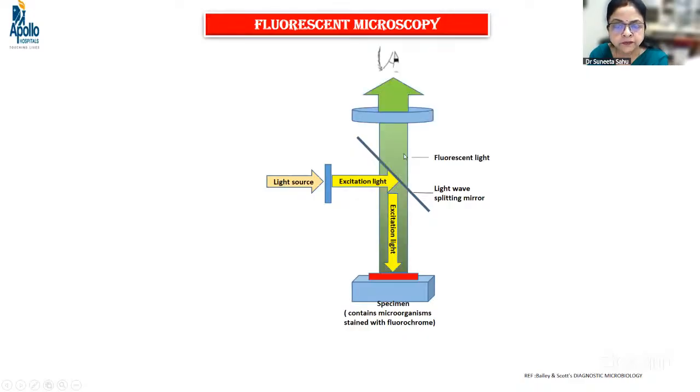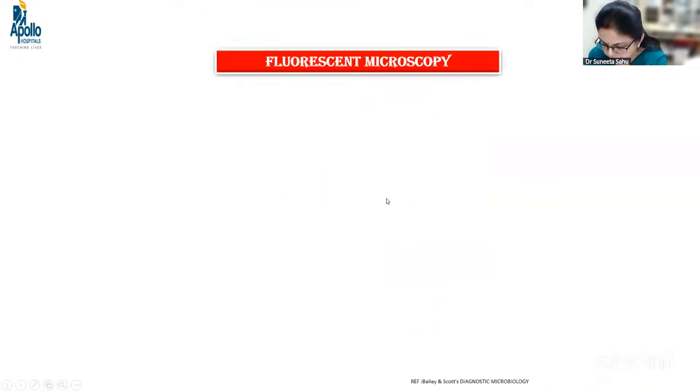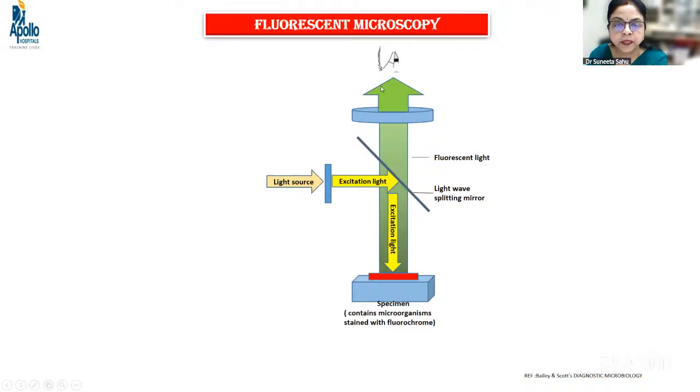Then the fluorescent light passes through the objective lens and comes to the eye. So this is the principle on which fluorescent microscopy works. That is, the light source passes through the UV light, gets excited, the excitation light hits the specimen, which is stained with the fluorochrome, then it becomes a fluorescent light and it is visible to the eyes because it is differently colored.